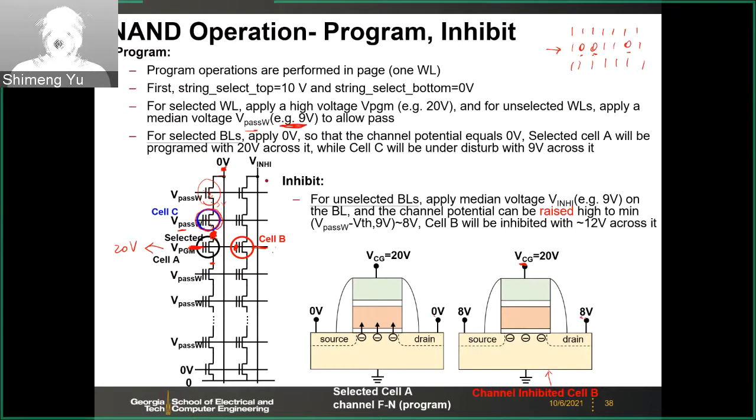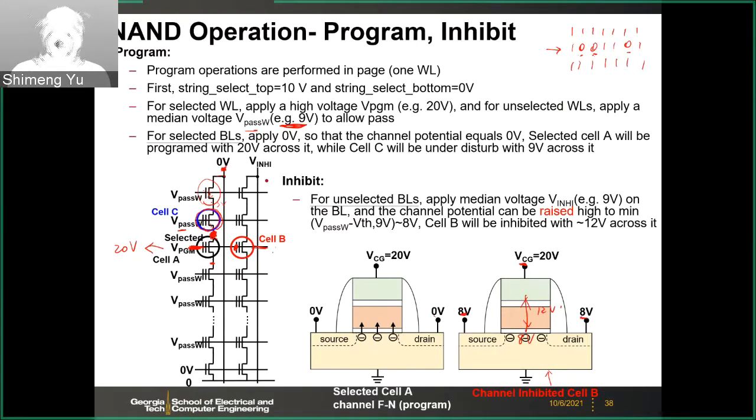For example, here somehow the source and the drain, if you have 8 volts here, the channel will also have 8 volts. So across that, you only have 12 volts. Suppose 12 volts will not program by the FN tunneling. So FN tunneling, you may need like a 16 volt or 18 volt or 20 volts to program. So you have to raise the channel potential to prevent the cell B from programming. So the cell B is called under the inhibit mode.